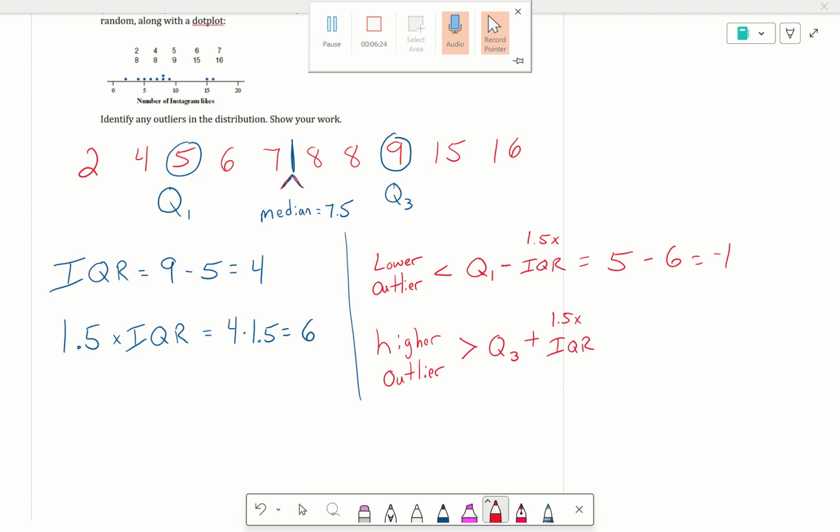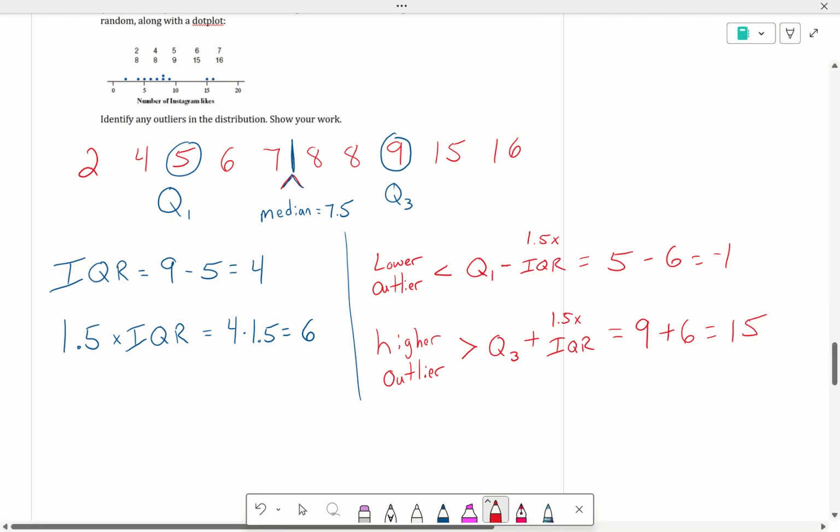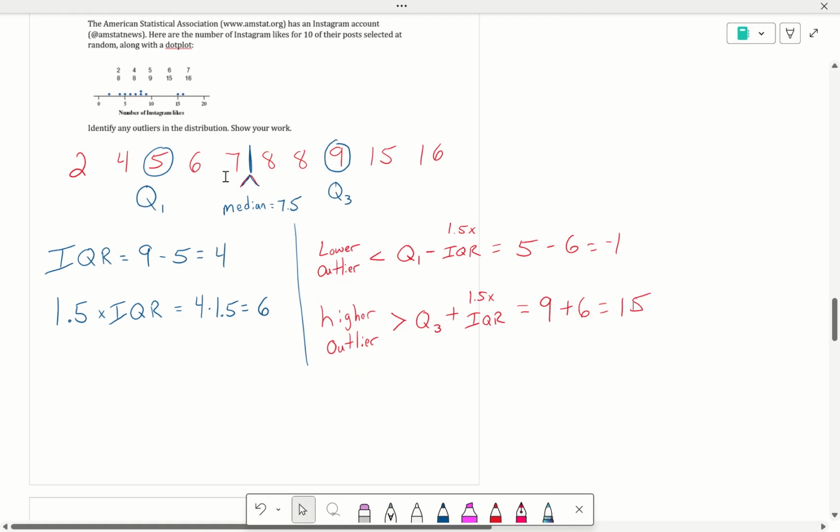So our higher outliers are going to be greater than the third quartile plus 1.5 times the IQR. So that's going to be 9 for our third quartile, plus that 1.5 times the IQR, which was 6. So anything above 15, the only observation above 15 is 16. So that is our only outlier there.